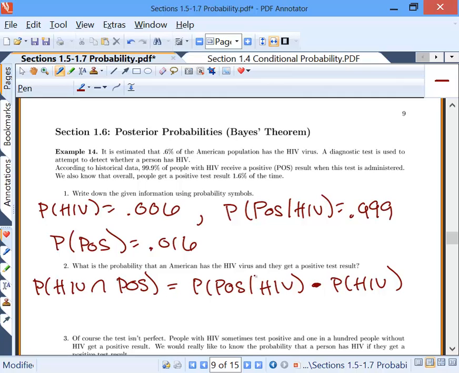So we find our conditional probability and multiply by the given. So 0.999 times 0.006. 0.05994.